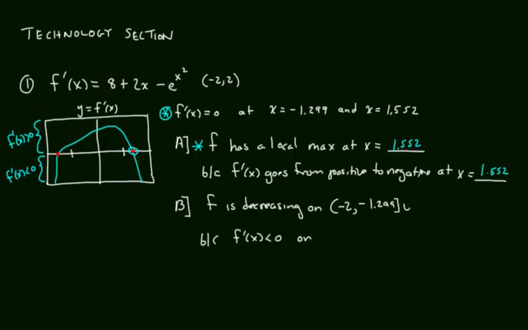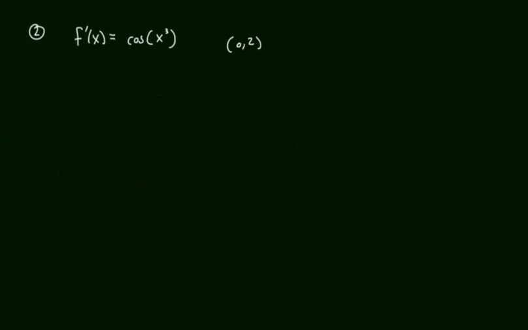Because f prime of x is less than 0 on -2 to -1.299 in union with 1.552 to 2.